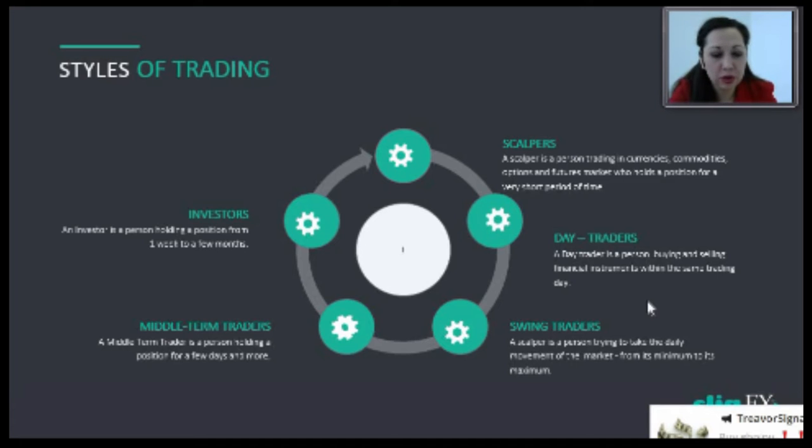Considering the entry points, he is looking at entry points on the peaks of the trend. For example, if his style of trading is following the trend, he's looking for the entry point at the minimum. And if his style of trading is contra trend, of course he is looking for the reversal peak, and only then he enters the market.